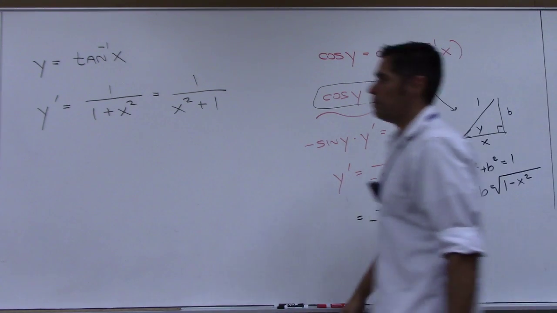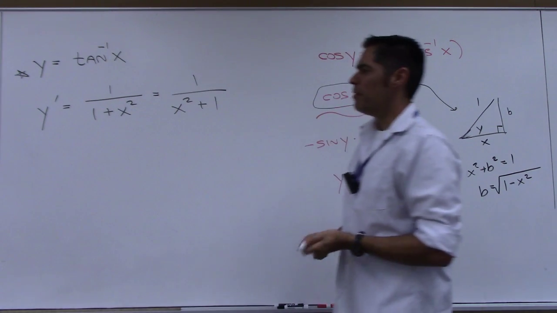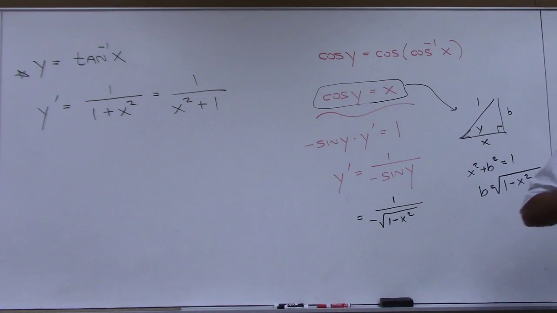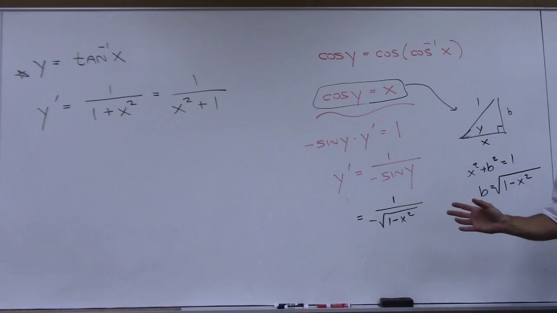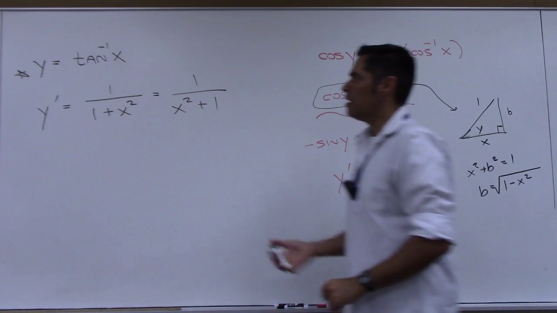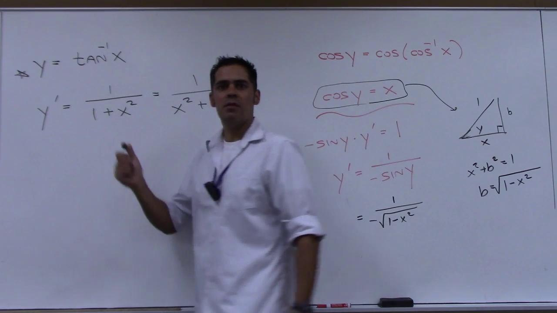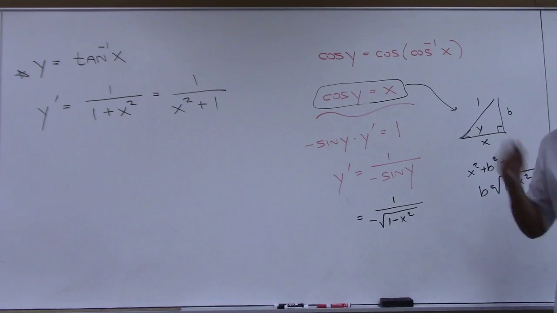This is one that should be put into the memory banks. The derivative of arc sine and arc cosine, those are ones that come up, and you should probably try and remember these formulas. But you have your reference sheet, and you can get to these derivatives. This one in Cal 2 will be used a lot, so it's just good to know the derivative of arctangent x, 1 over 1 plus x squared.